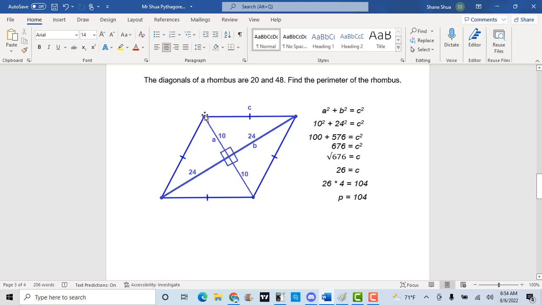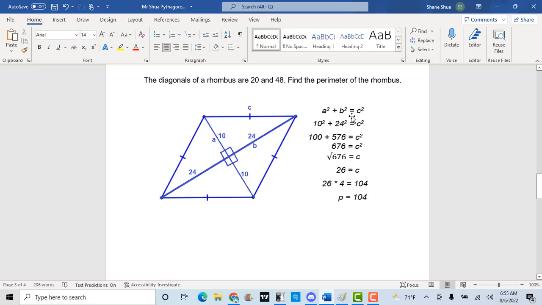So what we have here are four right triangles. A right triangle here, right triangle here, right triangle here, and a right triangle here. And we know the length of our a, which is 10. We know the length of our b, but we don't know what our hypotenuse c is.